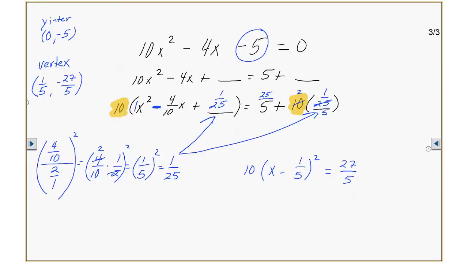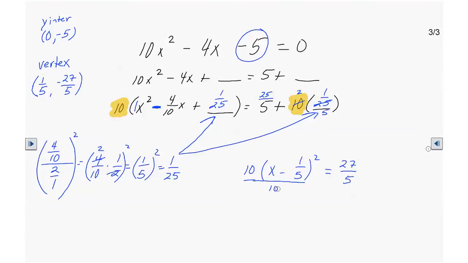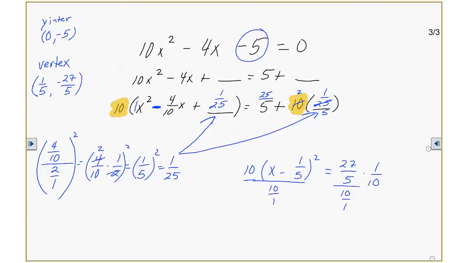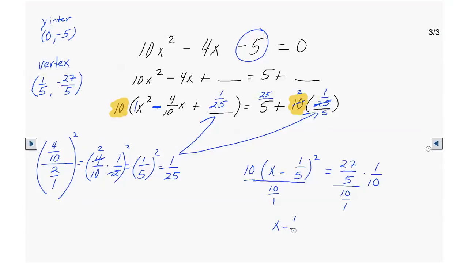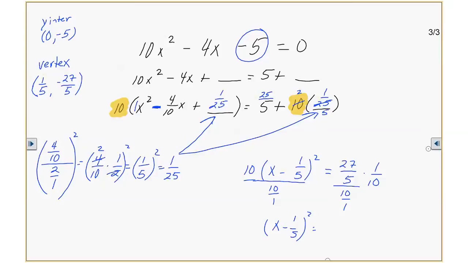Now we finish it. Divide by 10 over 1. Or, I'm sorry, multiply by 1 over 10. So x minus 1/5 quantity squared is equal to, I don't think I'm canceling anything out, 27 over 50. Somebody check it.